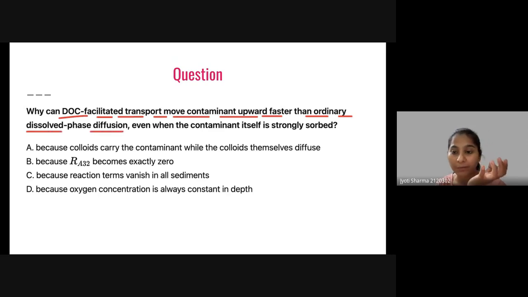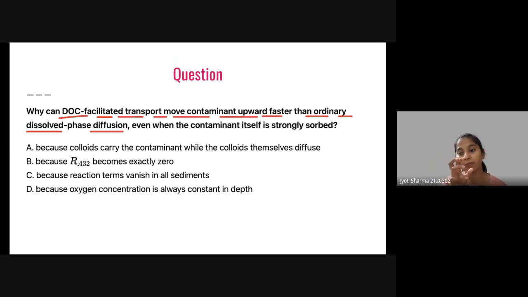If you have contaminant that is on the solid, and that solid has an organic part, let's say clay, organic carbon, the transportation will be much faster than ordinary dissolved phase diffusion. If you have contaminant in the pore water, there will be diffusion, right? Your contaminant can be present in the pore water, so there will be diffusion, and that's how there will be transportation.